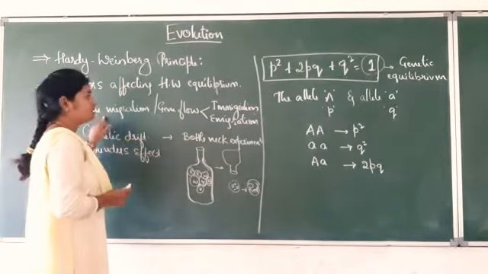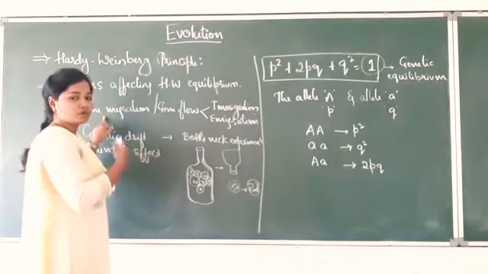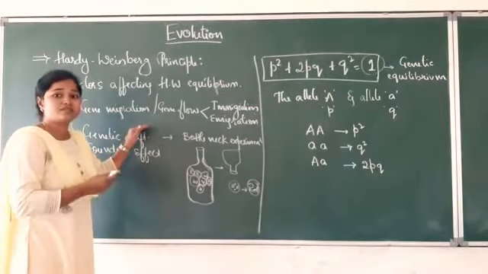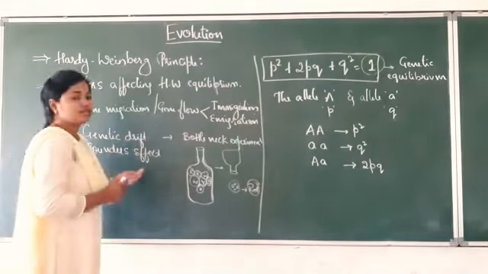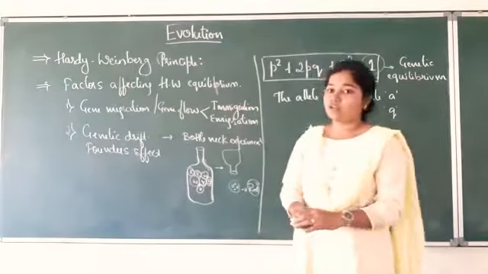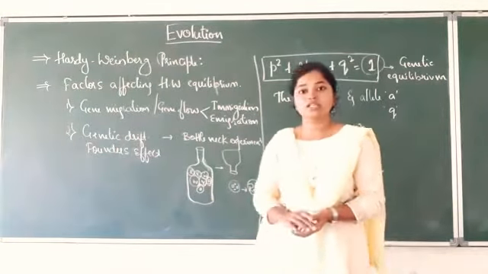Here the transfer of the gene from one population to another is called gene migration or gene flow. Suppose this takes place by chance, then it is called genetic drift, and this is also called the founder's effect, and it is explained by the bottleneck experiment.